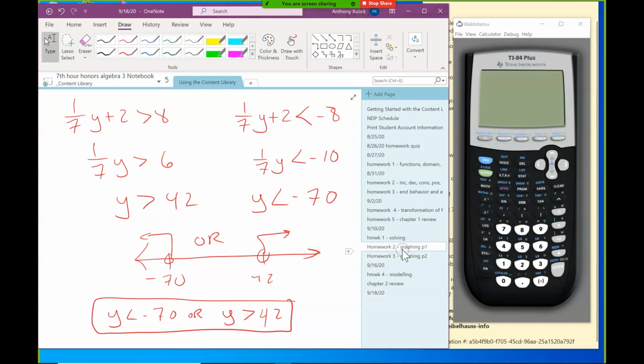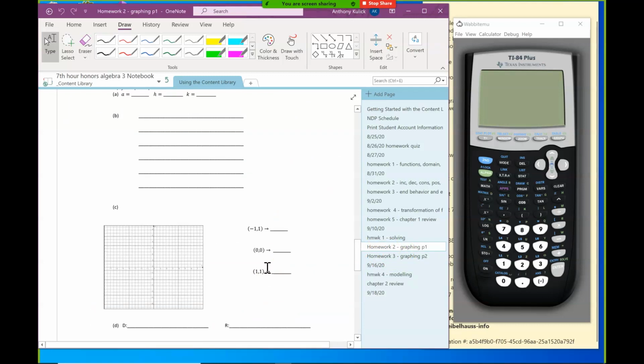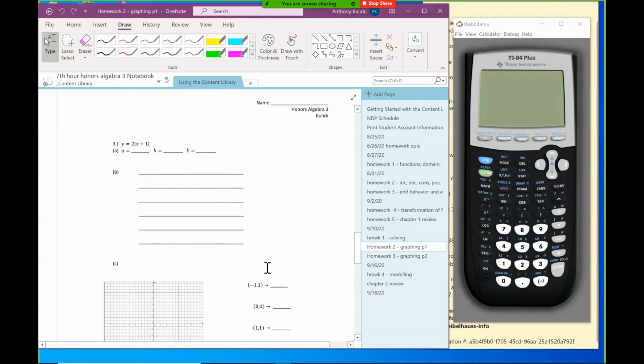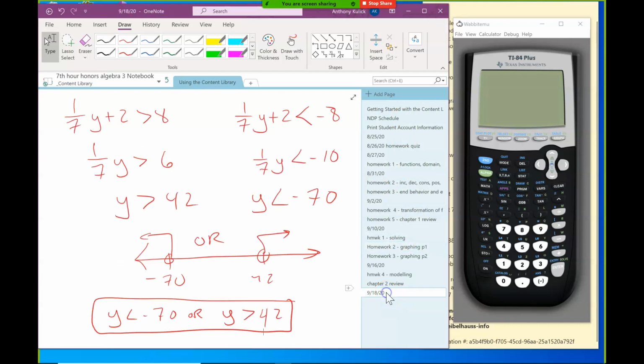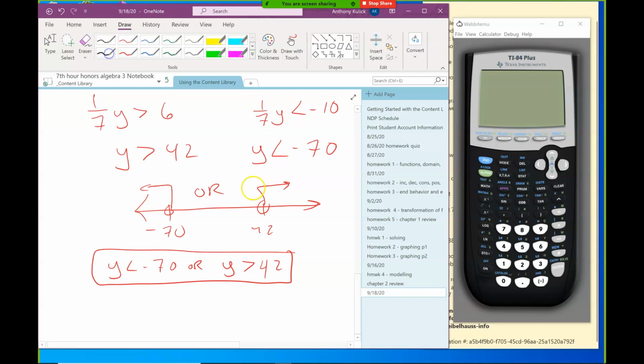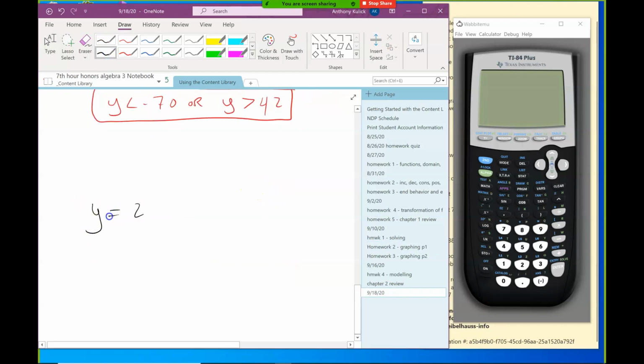Homework 2, number 3. The transformation? Okay. 2x plus 1. So my values for a is 2, my h is 1, and my k is 0, right?